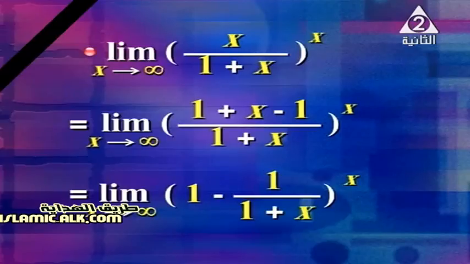Negative 1 over 1 plus x for all power x. Remember, dear student, we divided the fraction into two fractions. The first fraction, 1 plus x over 1 plus x, equals 1. The second is negative 1 over 1 plus x for all power x.